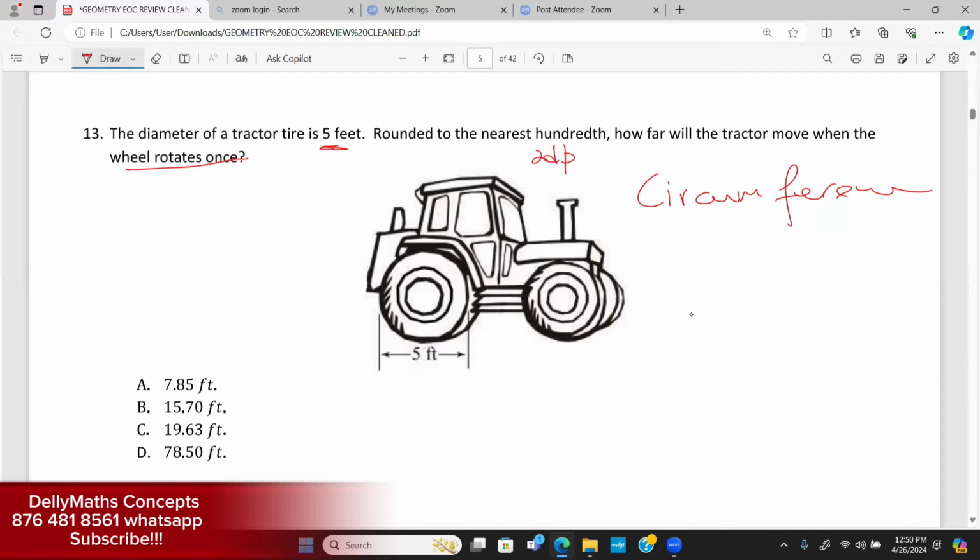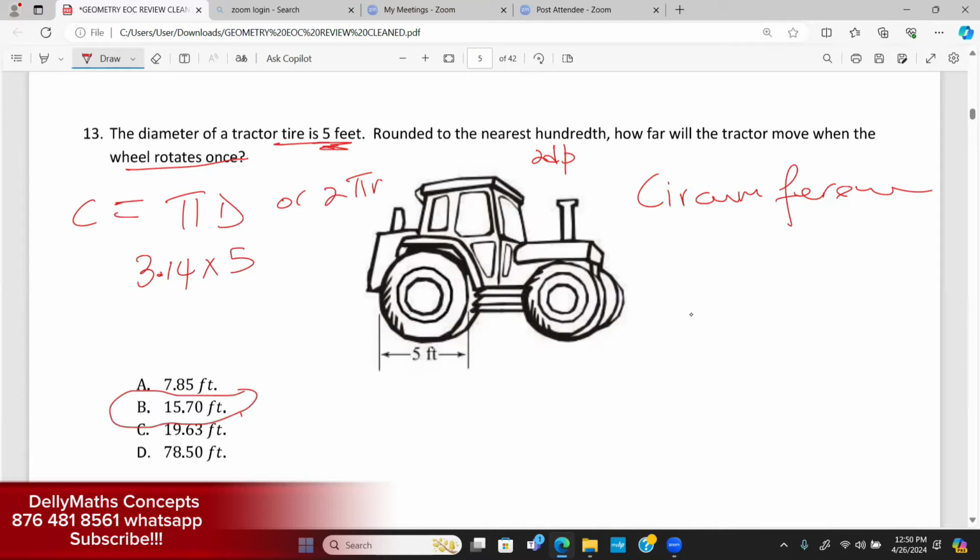The circumference C can be found by using pi times diameter, or you could say 2 pi r. Since I have diameter here, I'm going to use this. So pi, I'm going to say 3.14, times diameter, which is 5. So I'm looking at about 15.7 exactly, and this is the answer, B.